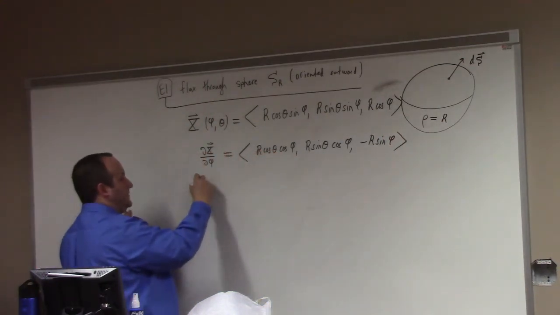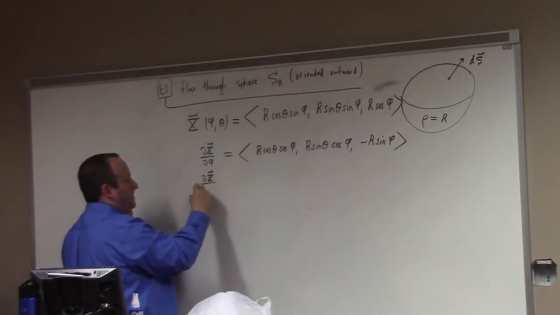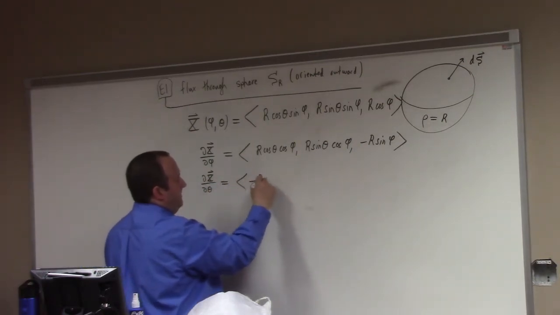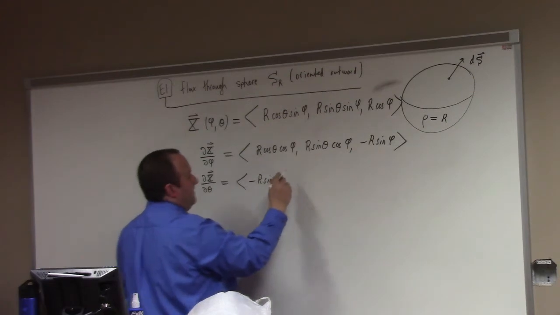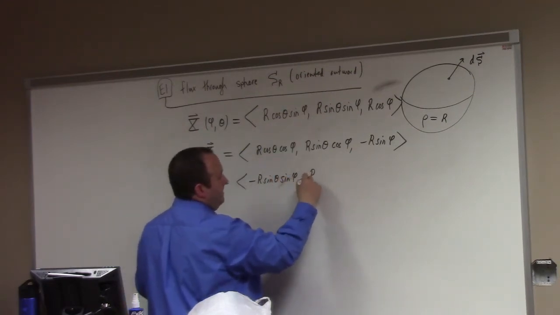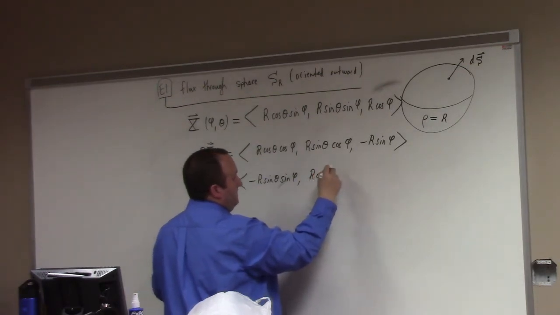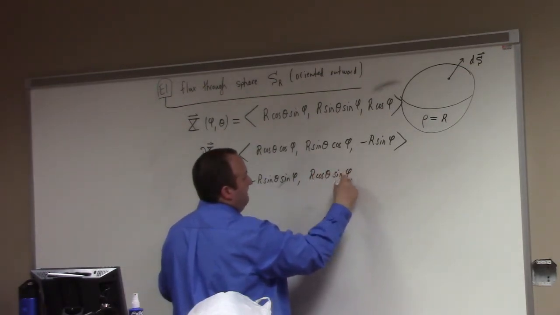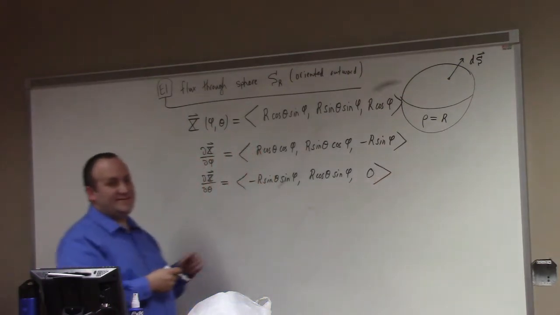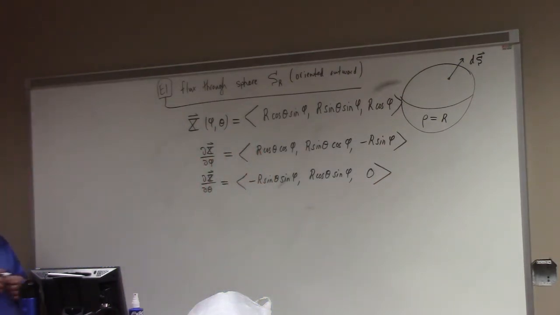What's partial x, partial theta? Finally a 0. There are your coordinate velocities in the phi direction and the theta direction.